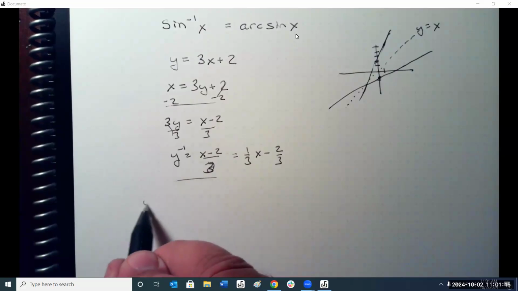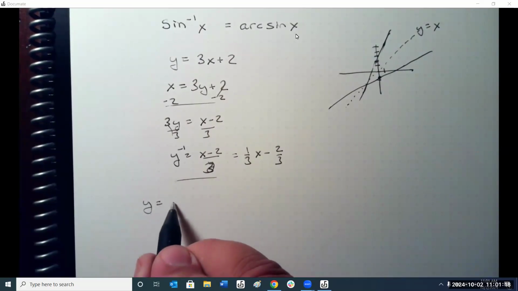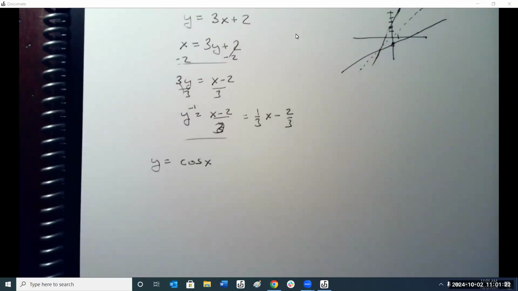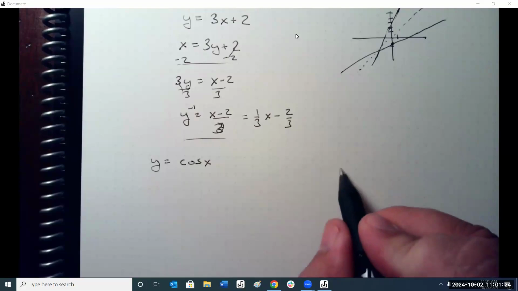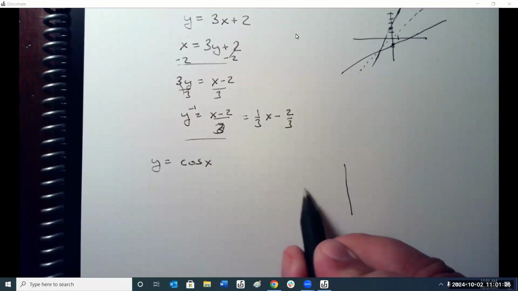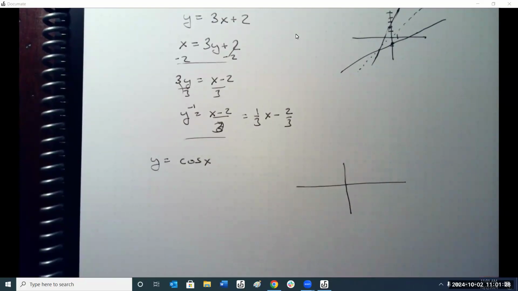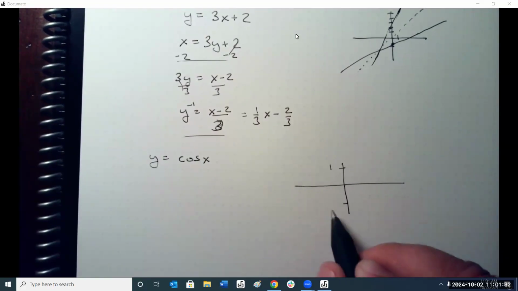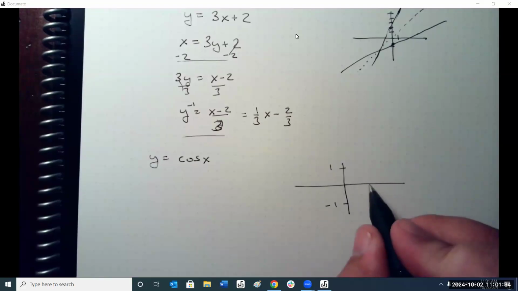For example, if we had cosine of x, the graph of the cosine of x, its amplitude is 1, negative 1.